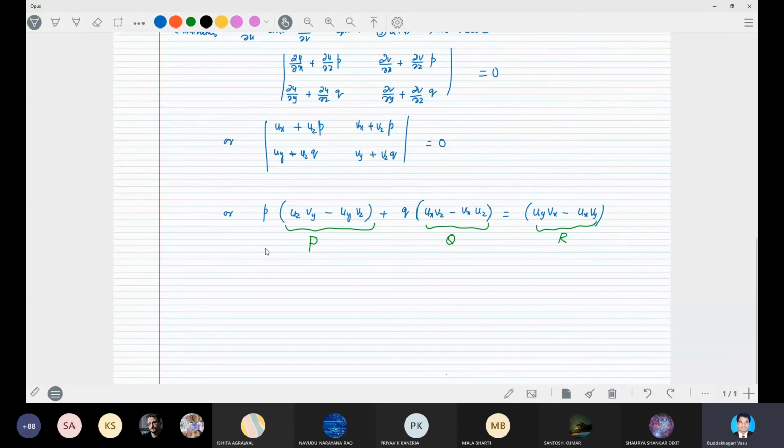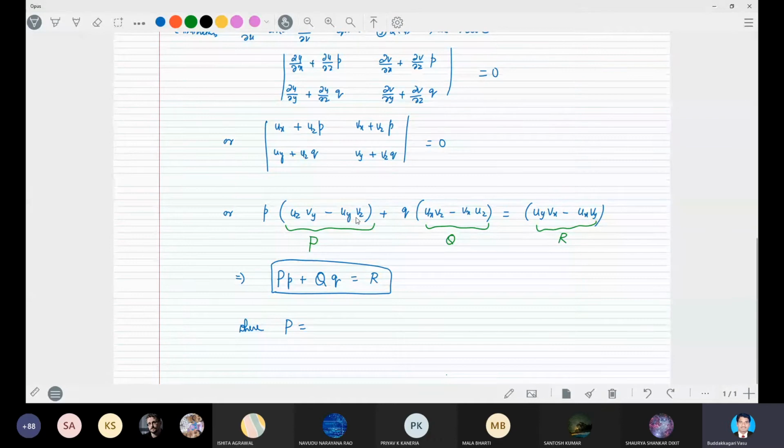So hence the resultant equation can be of the form capital P into small p plus capital Q into small q is equal to R, where the capital P, which is a function, is uz vy, vz uy.